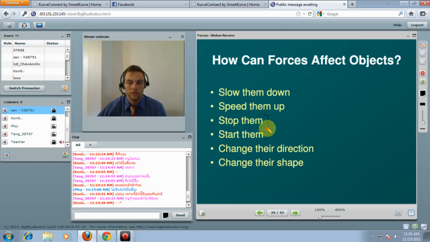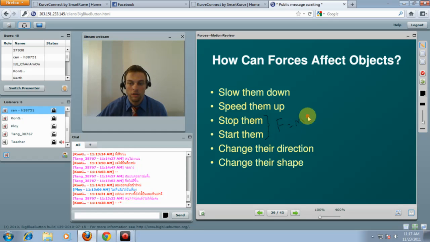Can someone tell me what equation you would use to find how much force you would need to start an object or to stop an object? No? I mean, I could keep repeating it, but it seems like I'm repeating it a lot. It's F equals ma, right?